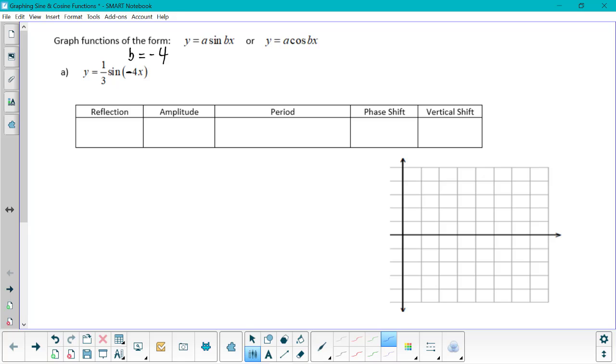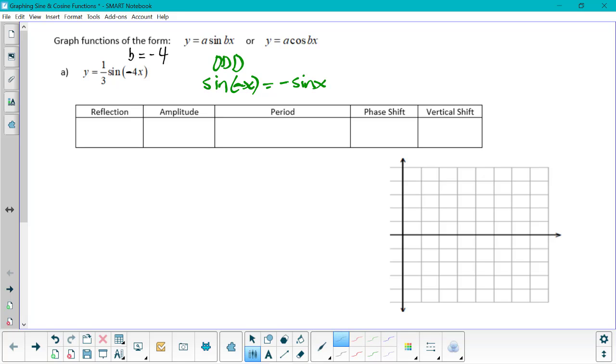We need to rewrite that because that means that is a reflection about the y-axis, and we do not want to do that. So we're going to use the fact that sine is an odd function. Recall that means that if I put in the opposite x value into the sine function, I get the opposite function value.